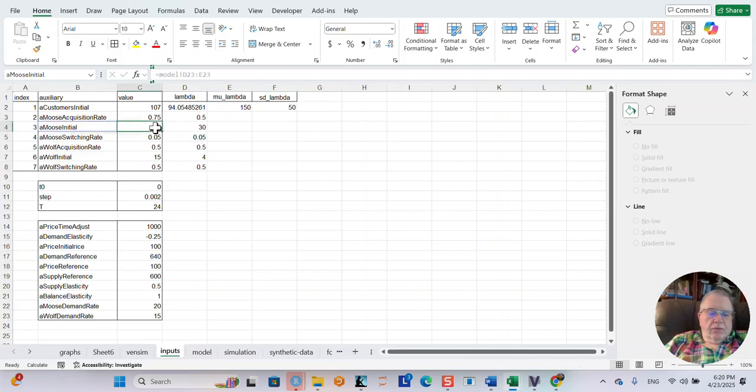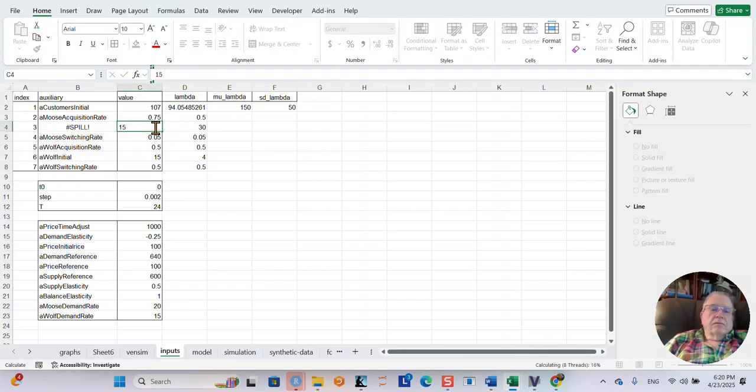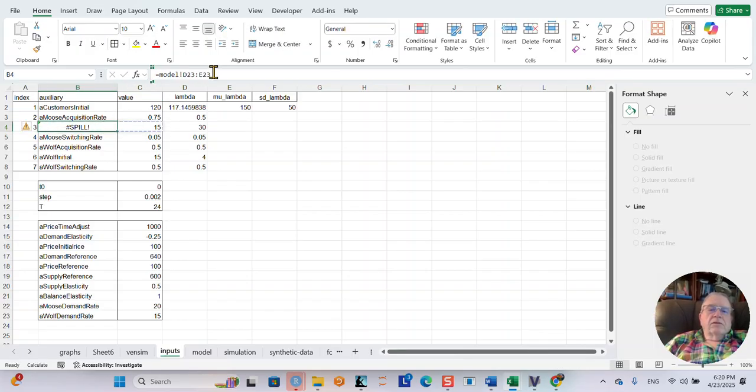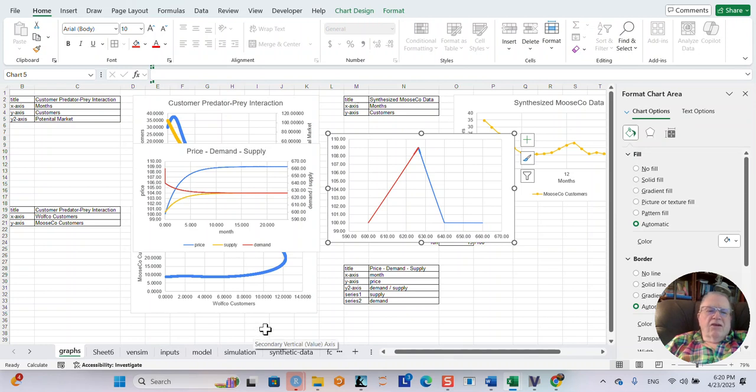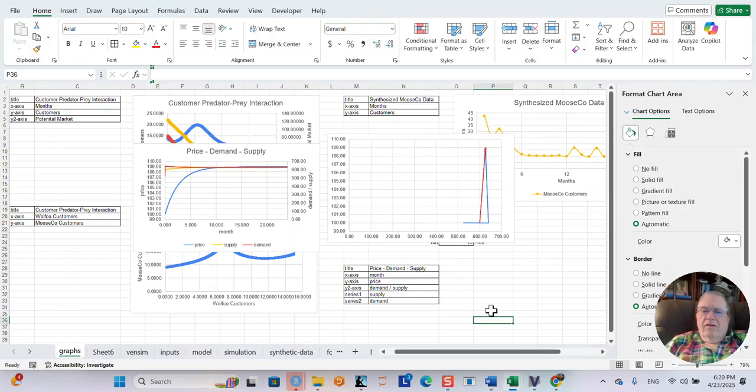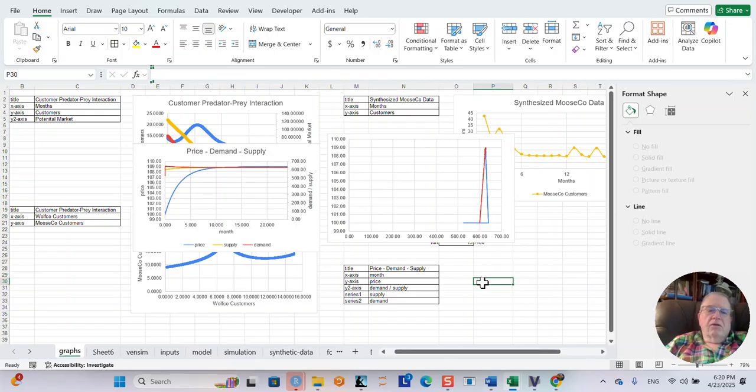And make this 15 as well. Sloppy copying position. Okay. And let's see what the graphs say now. No, no real change. No real change. We're still at a 108. No, big change. Wow. Okay. Huge change. Yikes. A yikes change.